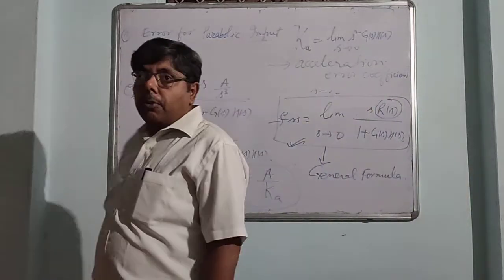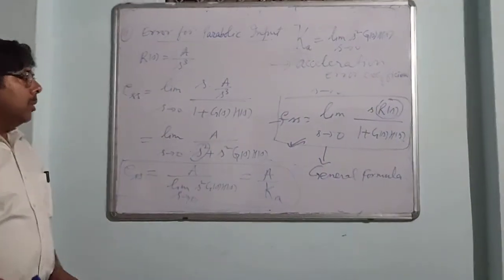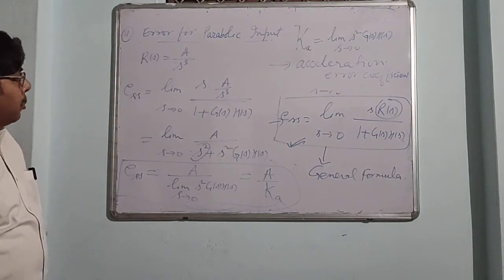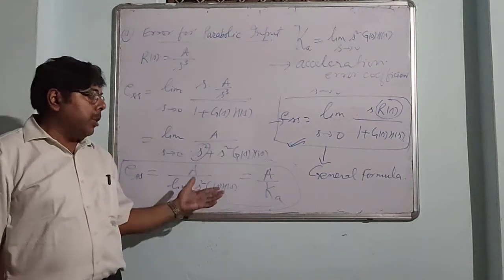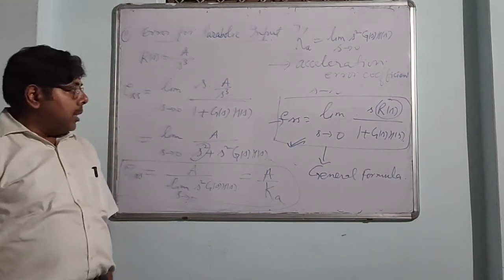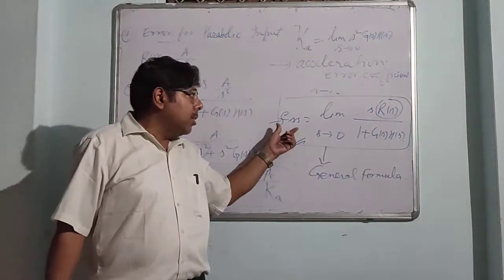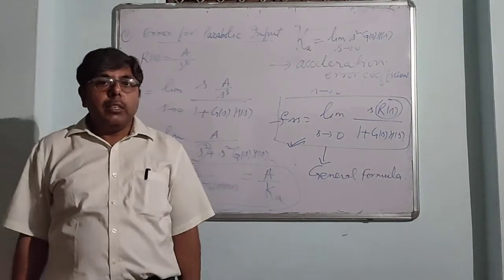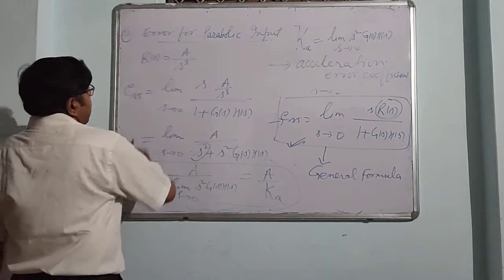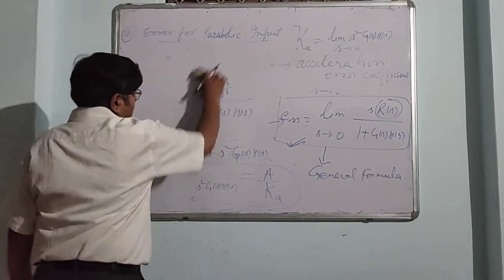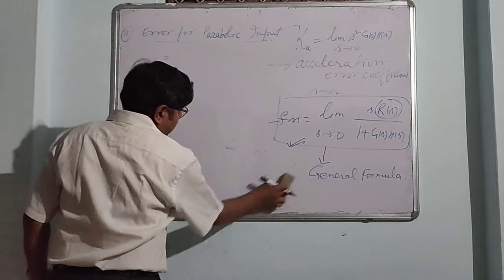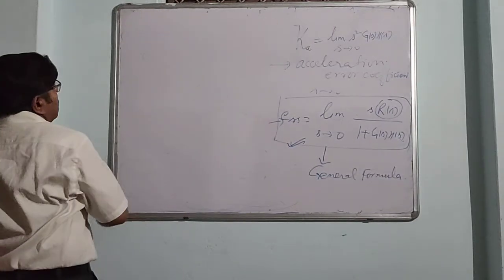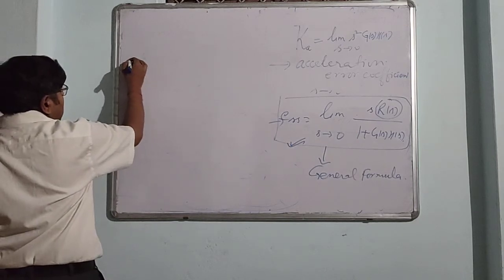So this is for three types of input signals. We have calculated the steady state error expression. This is the general expression, and then we have calculated steady state error for three types of signals. So what is the conclusion?